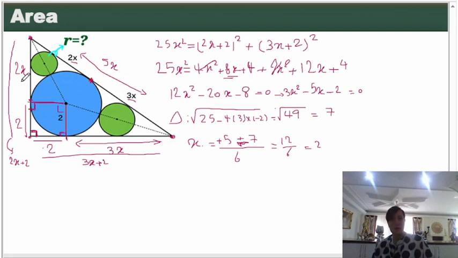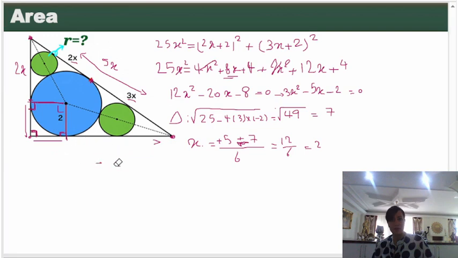So here I have this side would be 4. Let me erase all of this information because I found x. Okay, so I get x is 2.